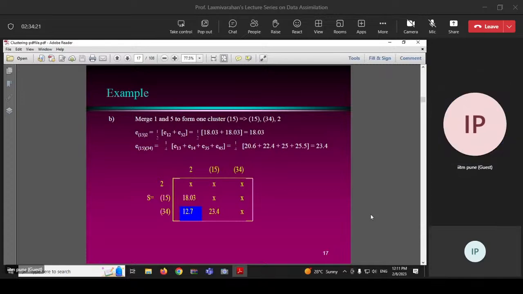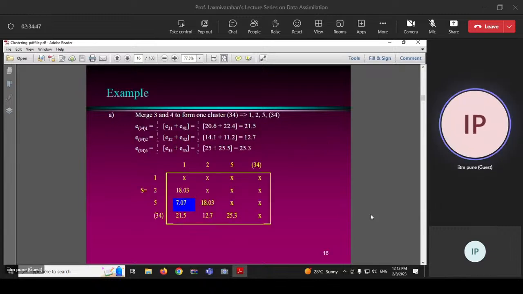Using this, I can now verify. I want you to verify this. Please, you've got to go home and do all the calculations and verify that. Then you'll understand. Now, which is the smallest? 12.17. What does it mean? 2 is similar to 3 and 4, rather than 1 and 5.